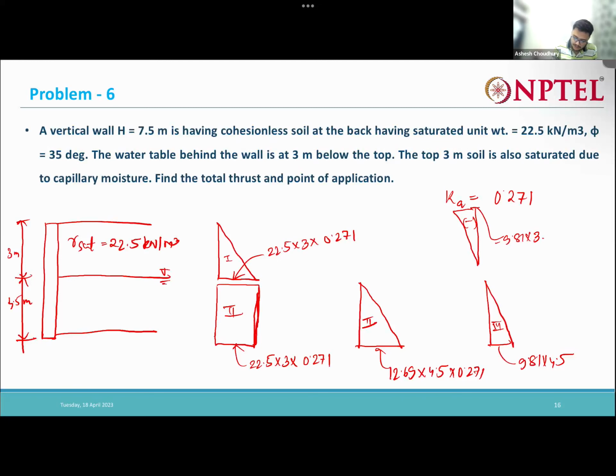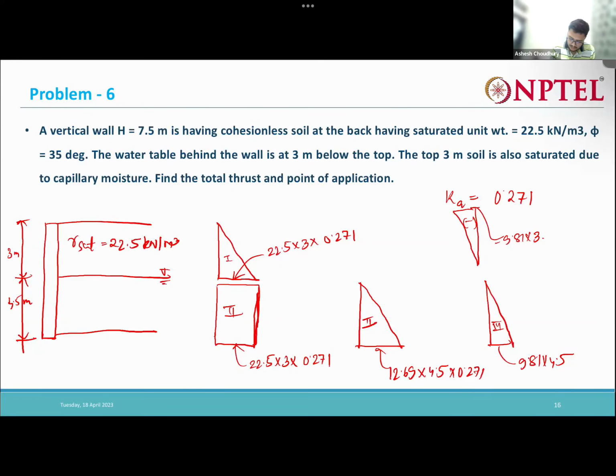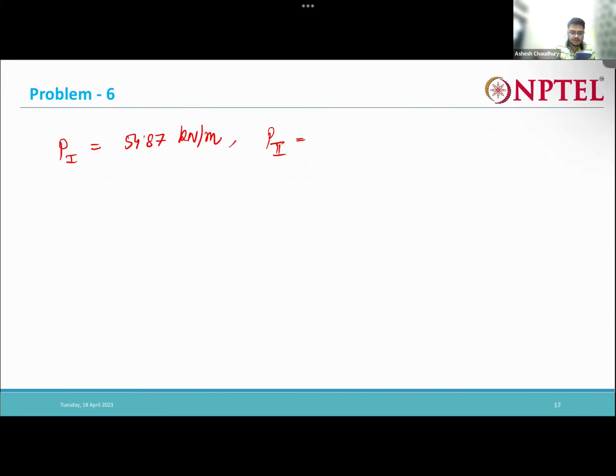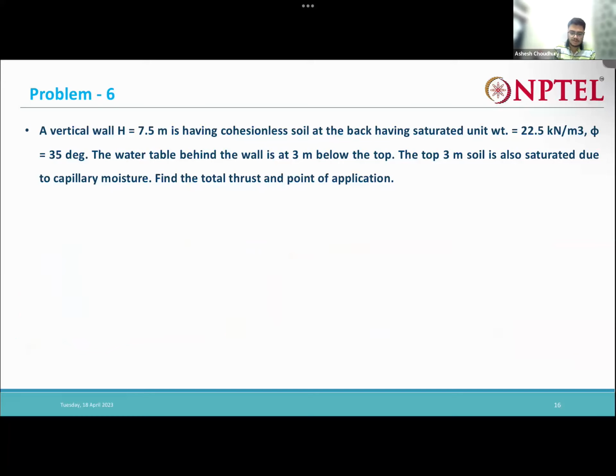P1 is the area of this triangle. So 22.5 into 3 into 1.7, 54.87. This P2, 22.5 into 3, 127, 2.5, 4.5, 2.32.